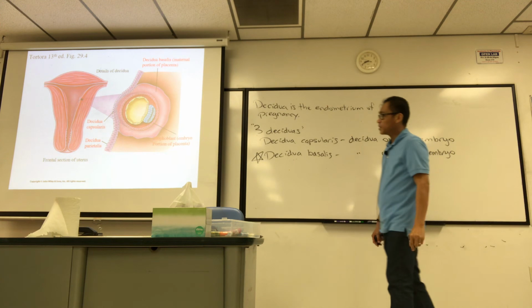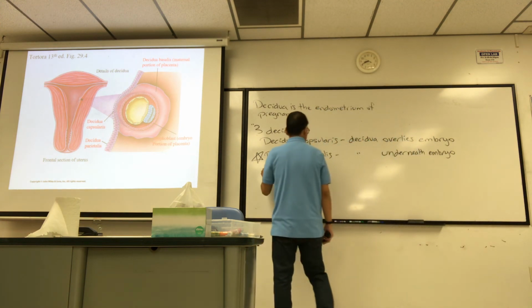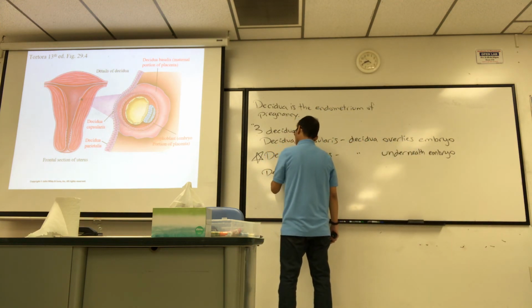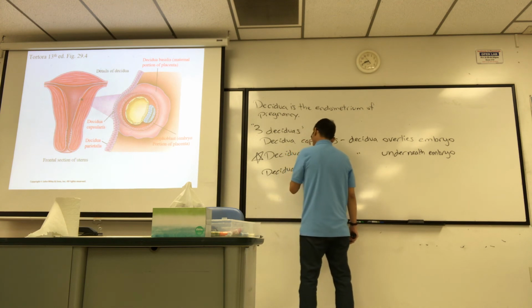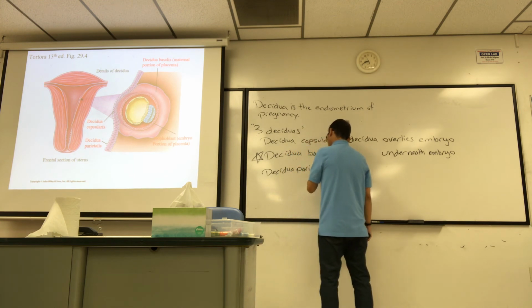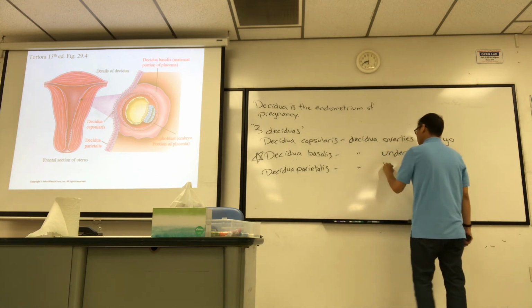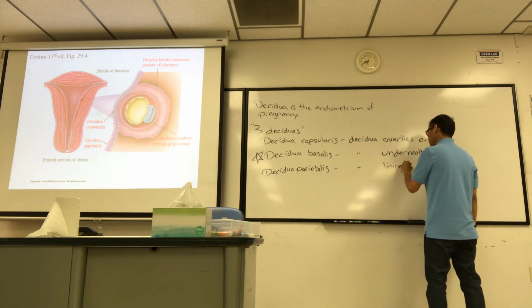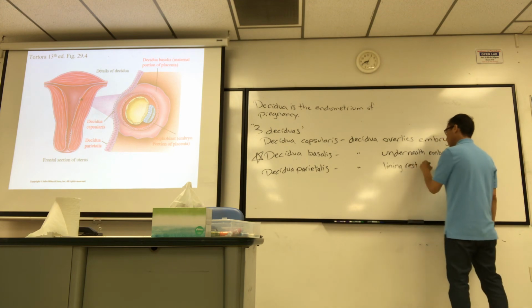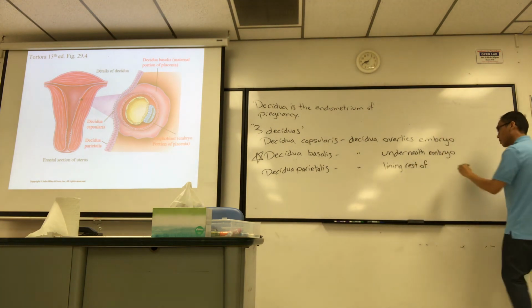Then you have decidua parietalis. That's the decidua lining the rest of the uterine cavity.